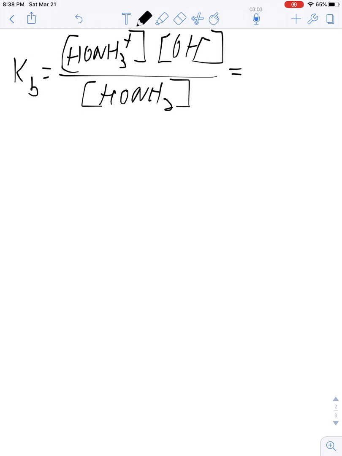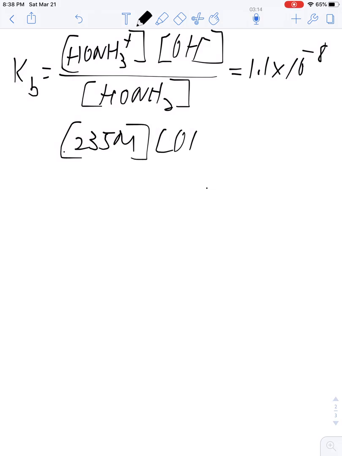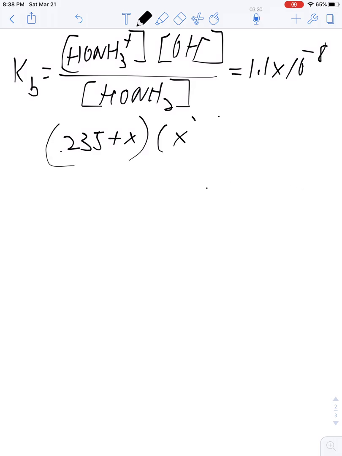The Kb you have to look up, and it's 1.1 times 10 to the negative 8th. So I've got 0.235 molar up here. I don't know the concentration of OH. Sorry. Back up the truck. This is 0.235 molar plus x. This is x, and on the bottom is 0.1 minus x. I was getting ahead of myself there.